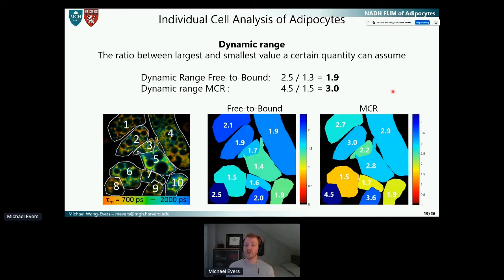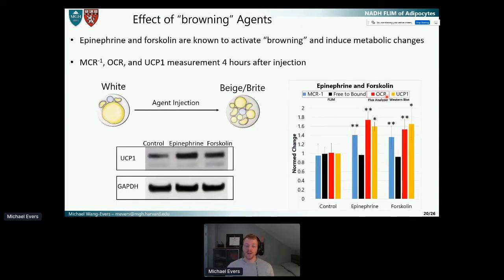So you cannot look at individual cells. And here we wanted to show that the MCR metric has a higher dynamic range compared to the free to bound ratio. So this was all leading up to that one experiment we wanted to do.